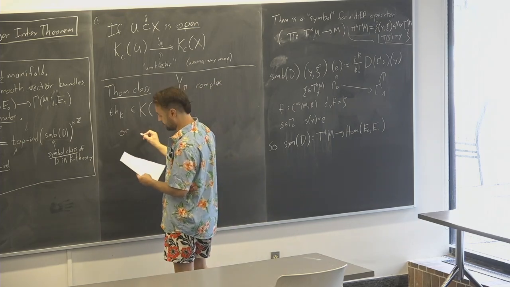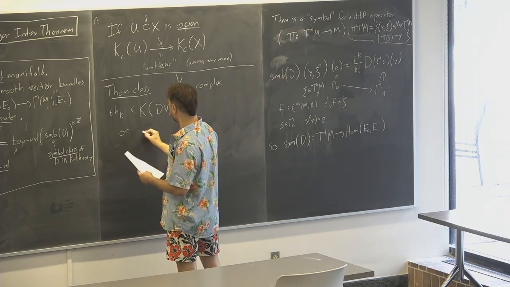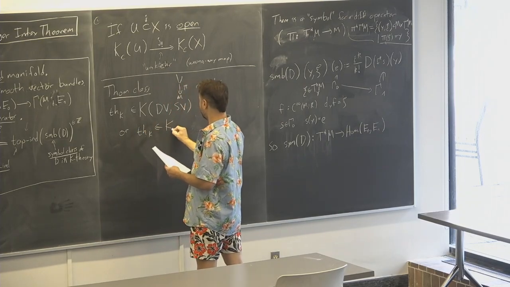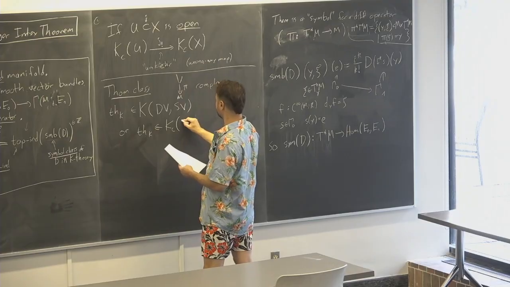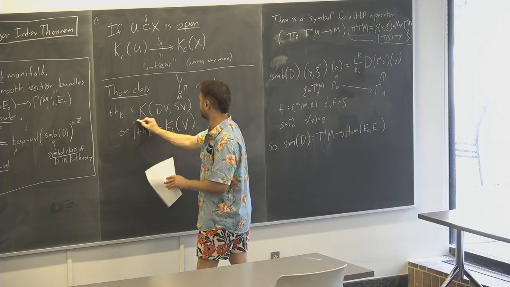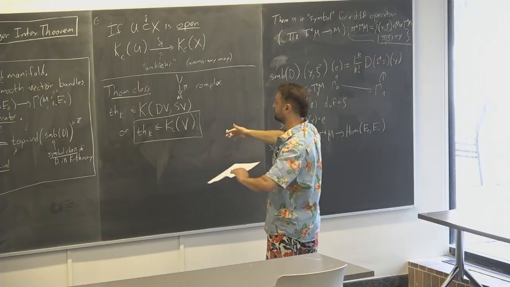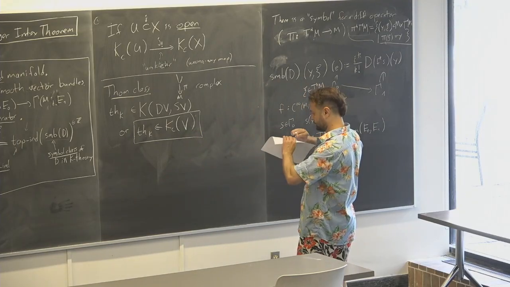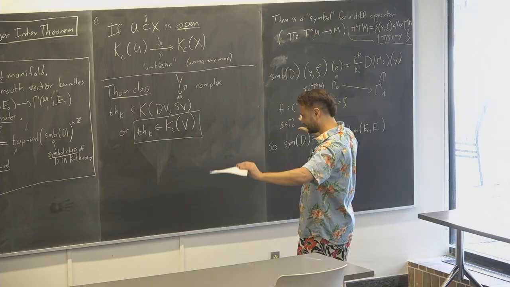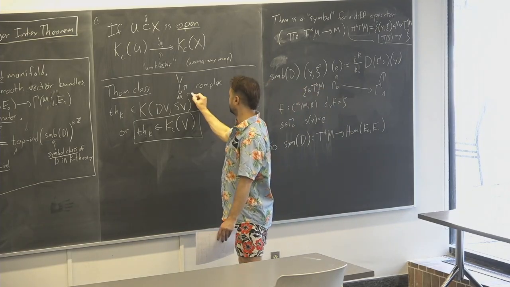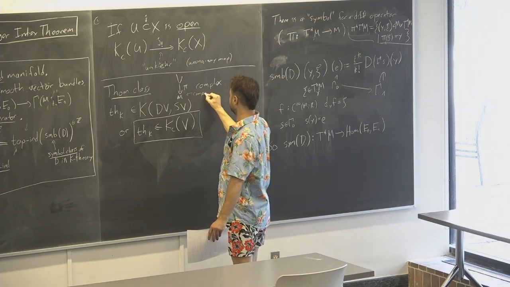Now that we have compactly supported K-theory, we can think about it living in just the compactly supported K-theory of the total space of V itself. So it's much more convenient. You can imagine that it's supported around the zero section. Let's say M is compact.